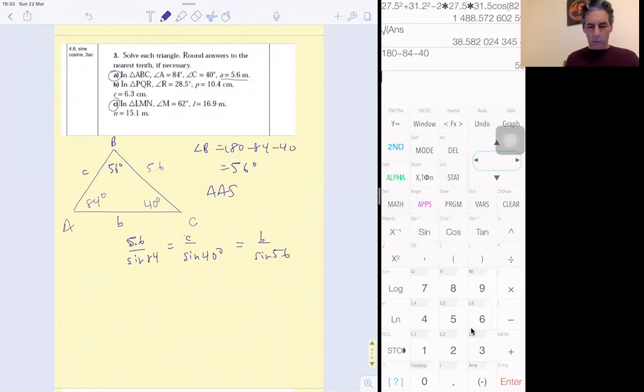To find either C or B, you cross multiply. So C is going to be 5.6 sine 40 over the sine of 84.